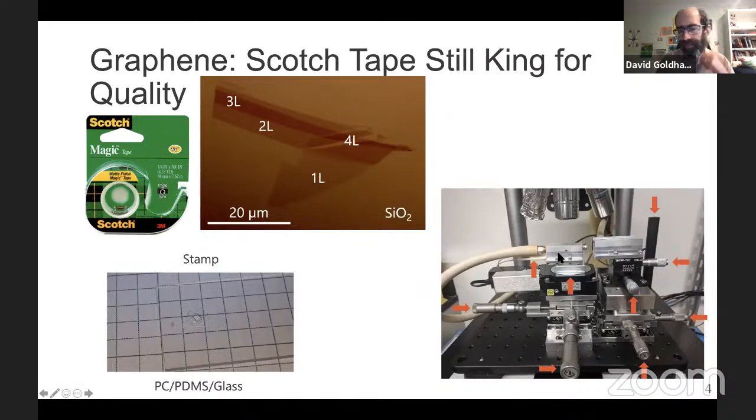I showed you this before. This is a stacking station that my student Aaron Sharp built after visiting Pablo Jarillo-Herrero's lab. This field is very generous about sharing knowledge and helping people out.